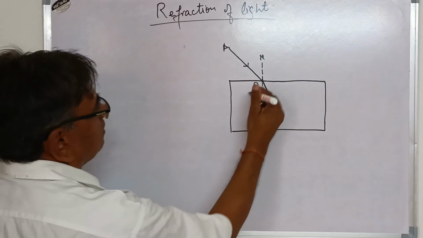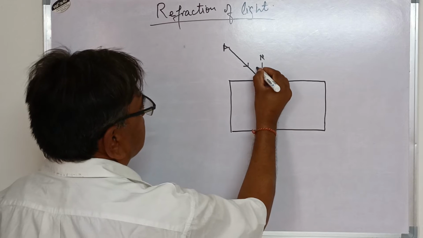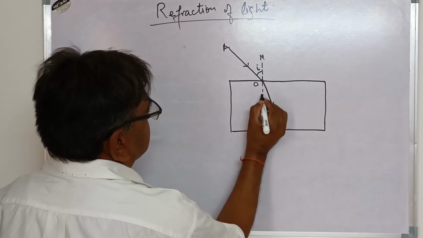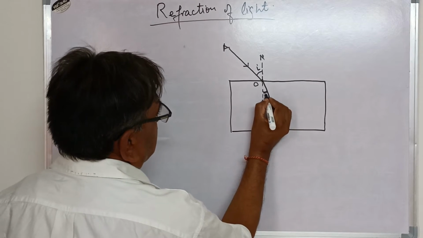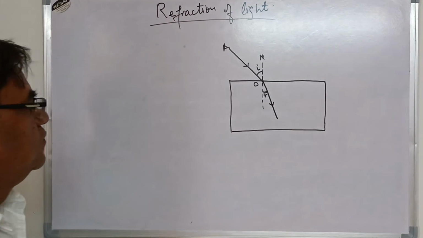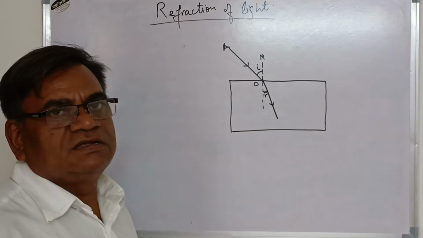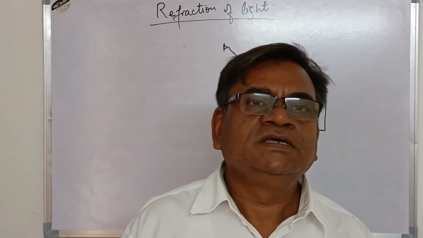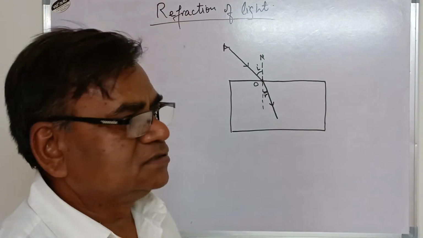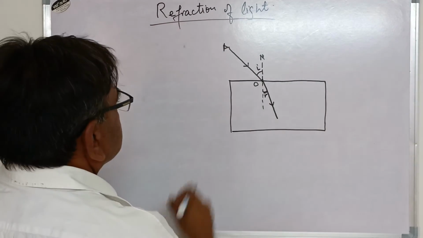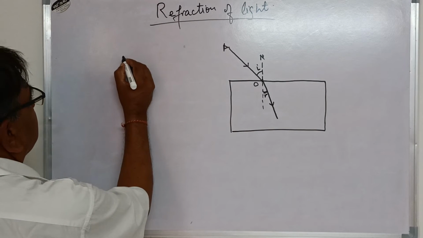This is the refracted ray. Let this angle be I, the angle of incidence, and this angle be R, the angle of refraction. Unlike in the case of mirrors, here I and R are not equal.